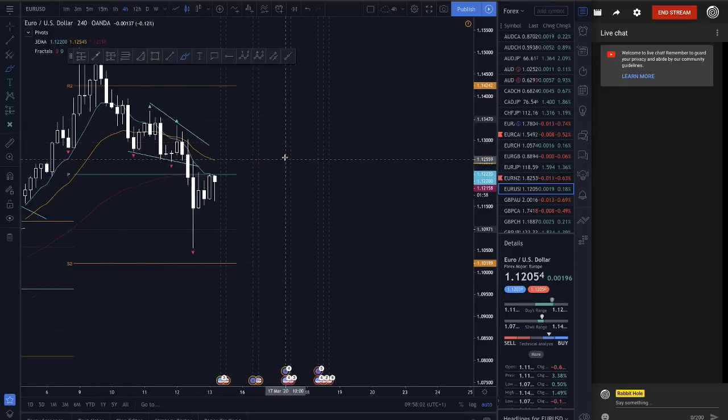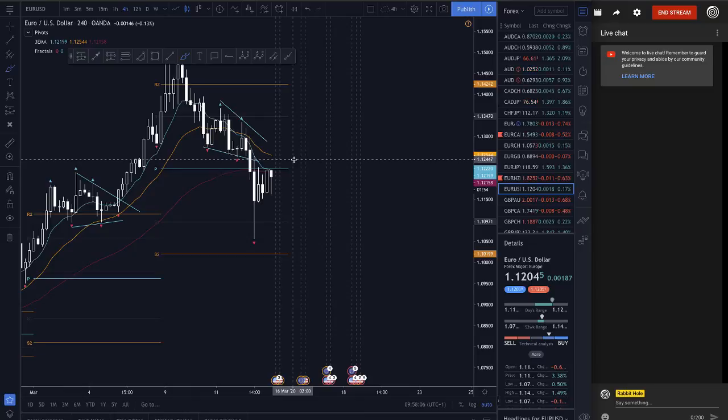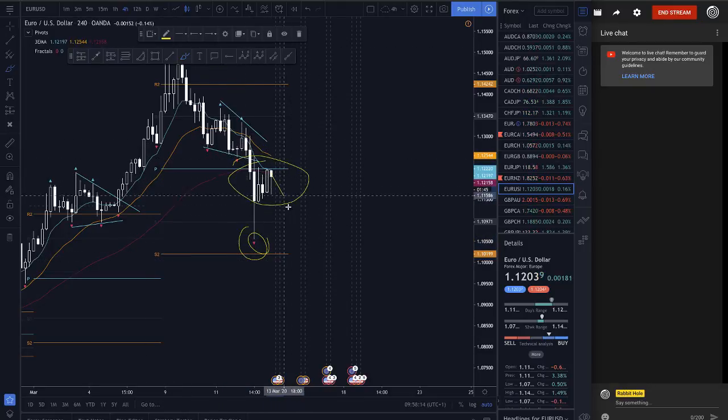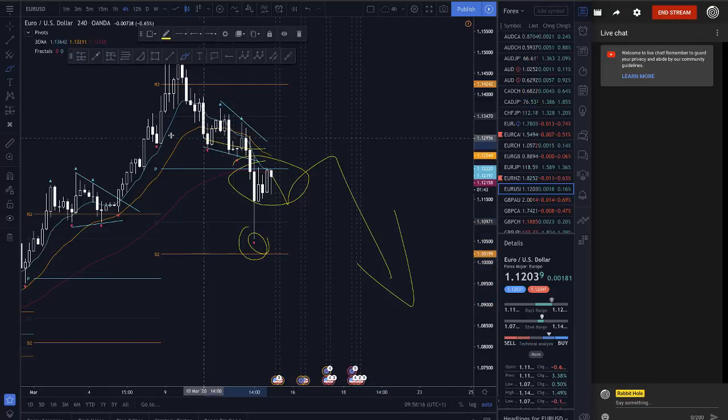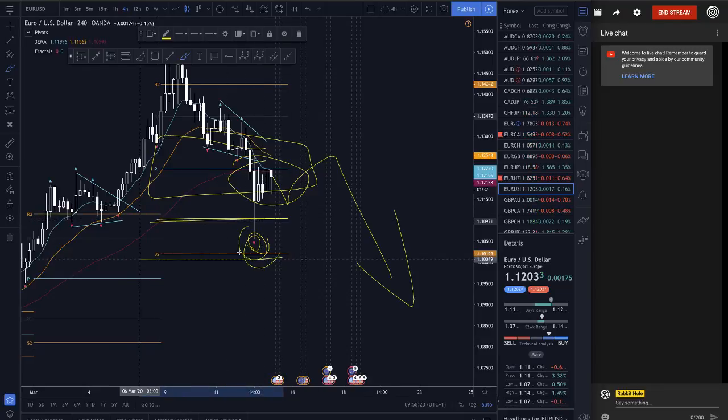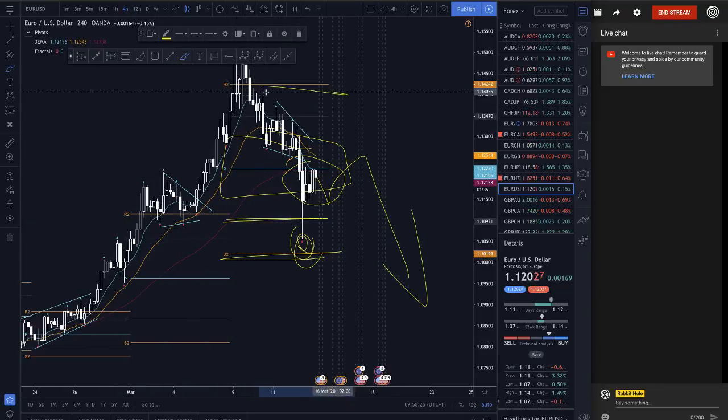Euro USD. We had one fractal formed. It's here. But here I fear like that because it's so close to that. When you have one fractal, these fast continuations are usually from the S1 or S2, or for long from air to air.